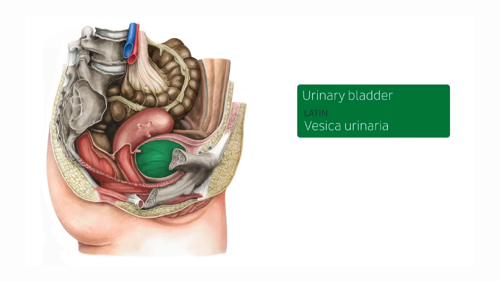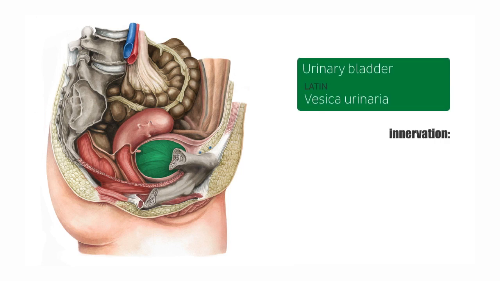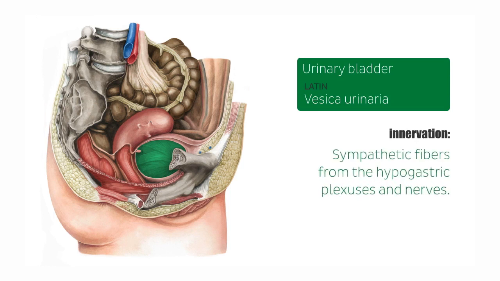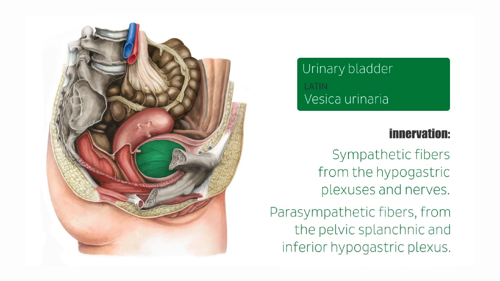In this tutorial, I would like to also give a word on the innervation of the urinary bladder. The bladder receives motor innervation from sympathetic fibers, most of which arise from the hypogastric plexuses and nerves, and also parasympathetic fibers which come from the pelvic splanchnic nerves and the inferior hypogastric plexus.